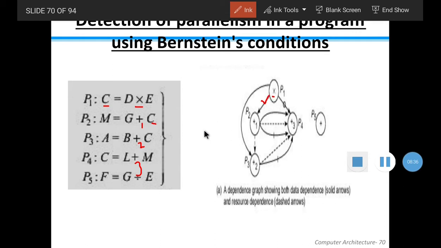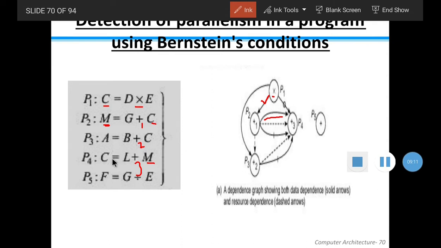Similarly, again P2 and P4: M is the output here, and it is used there. So for P2 and P4 we have an arrow mark.